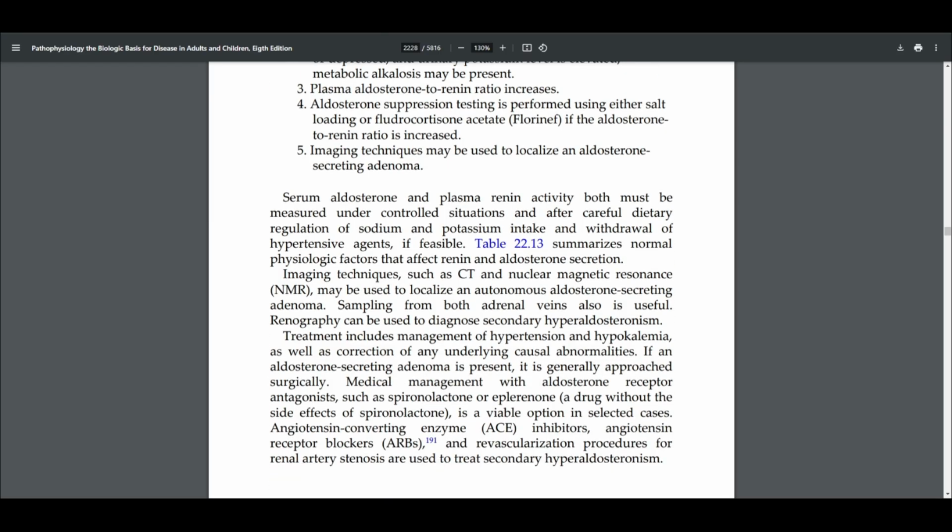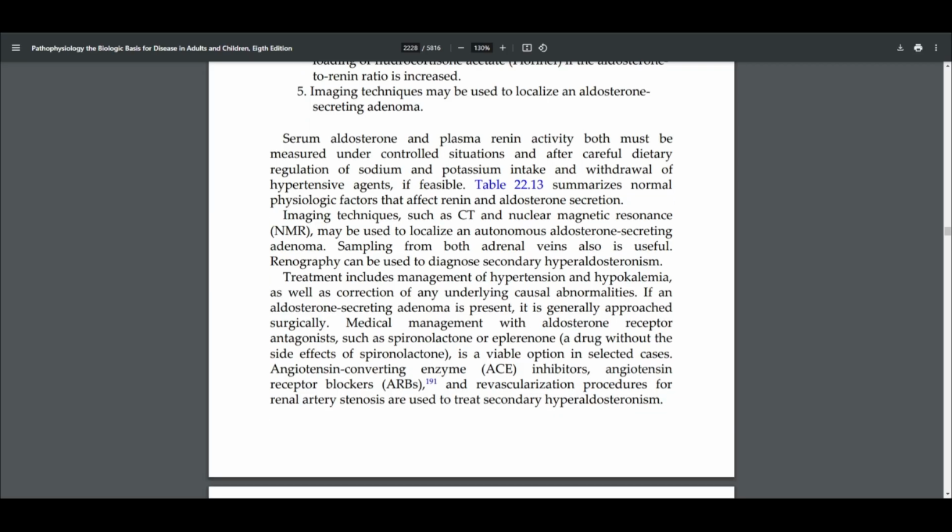Serum aldosterone and plasma renin activity both must be measured under controlled situations and after careful dietary regulation of sodium and potassium intake, and withdrawal of antihypertensive agents if feasible. The following table summarizes normal physiologic factors that affect renin and aldosterone secretion.